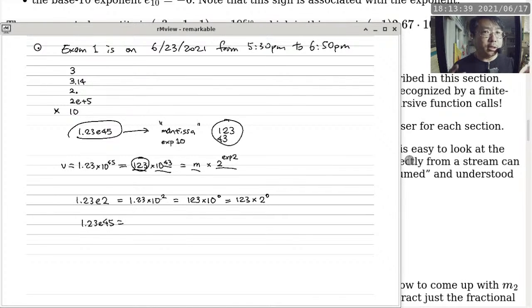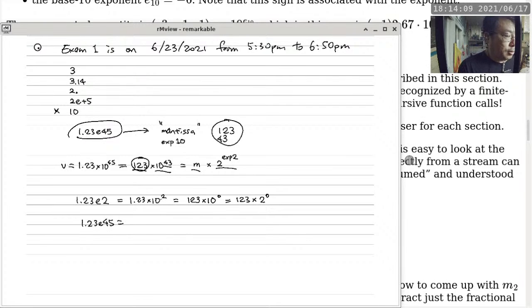We are trying to convert a base 10 scientific notation into the IEEE double precision floating point format, and only utilizing integer math in the process. That's what we're trying to do, and along the way we have a few tricks that we have to recognize and understand the importance of.